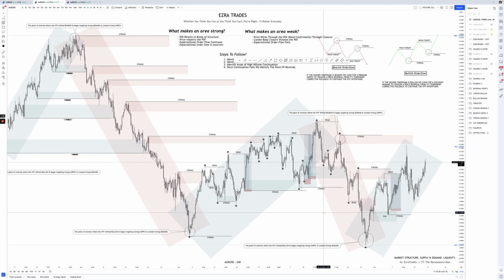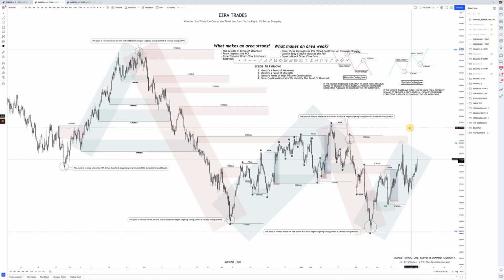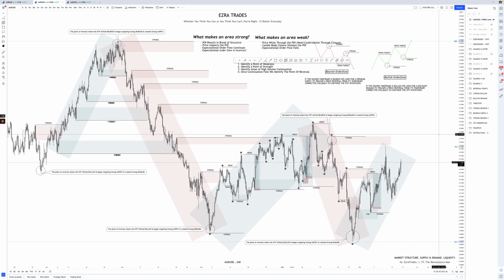Okay. So to recap what we're trying to go over here in this video is really meant to simplify trading and to show you how you can simply use strong and weak levels as your justification for taking trades, right? So an area that's strong is going to break structure.